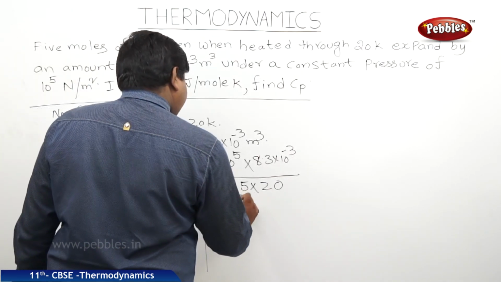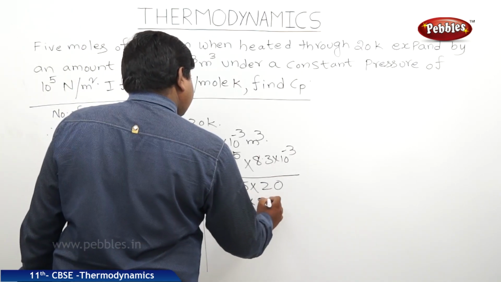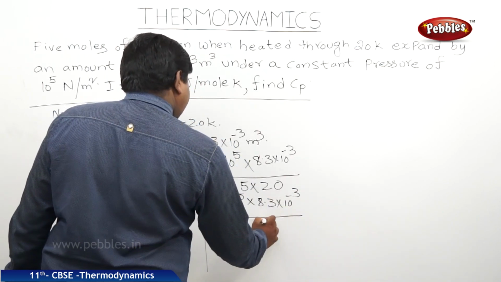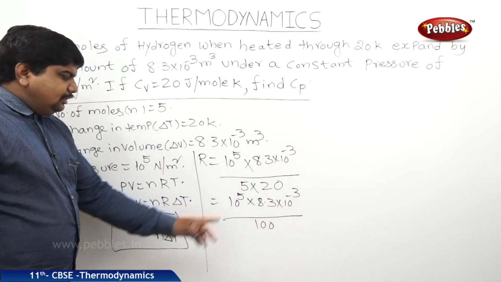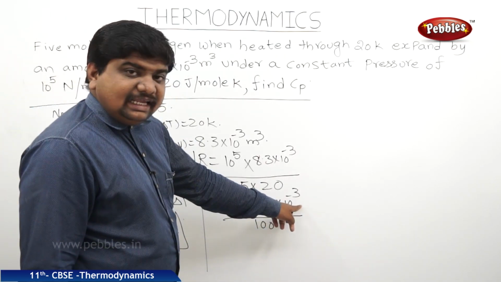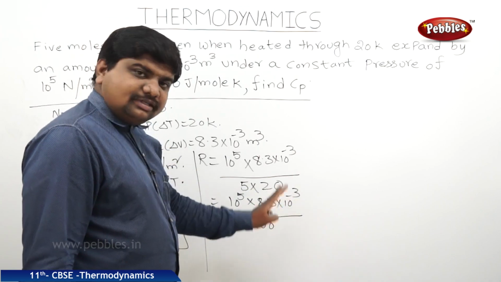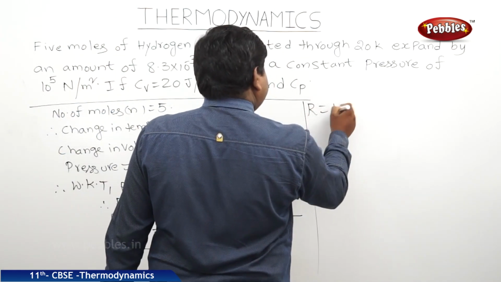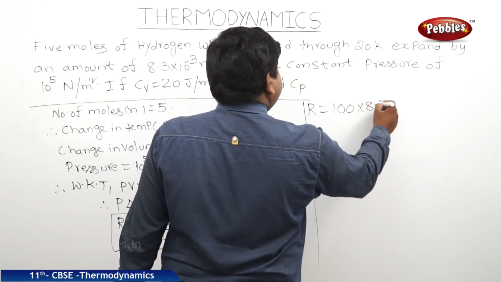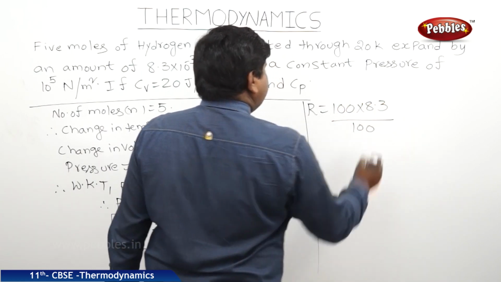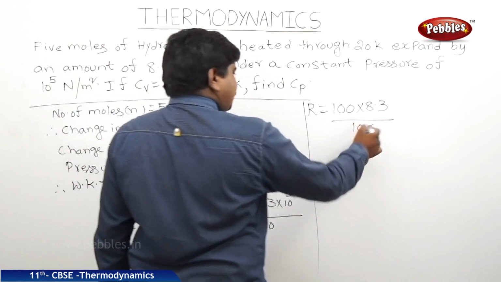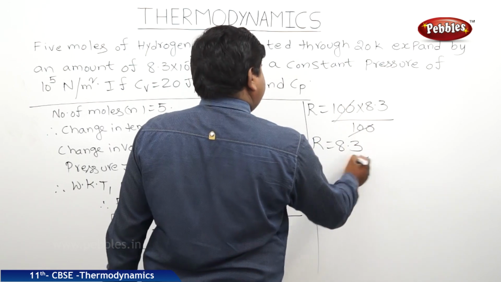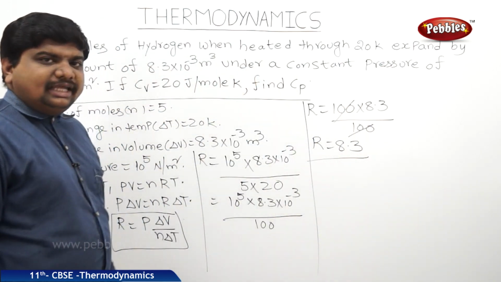Therefore it is 10 to the power of 5 into 8.3 into 10 to the power of minus 3 by 100. 10 to the power of 5 into 10 to the power of minus 3 is nothing but 10 square, where 10 square is equal to 100. Therefore R is equal to 100 into 8.3 by 100. This 100 and 100 get cancelled. R is equal to 8.3 joule per mole Kelvin.